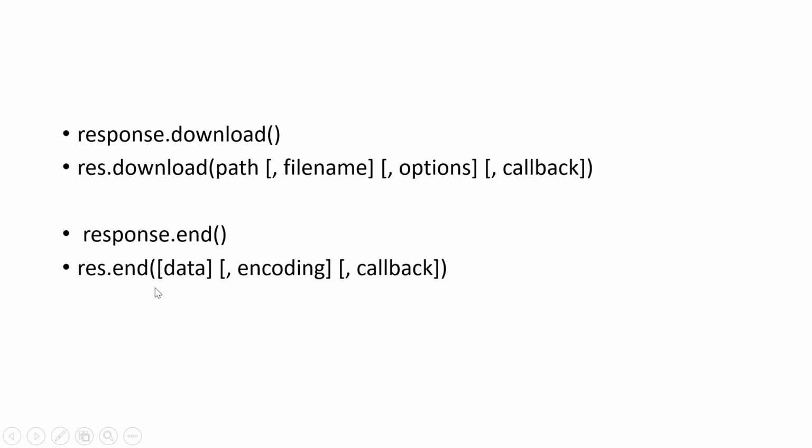The res.end will be invoked when it indicates that the server should consider the request complete. So this method is typically used when you have finished sending data through the response object.